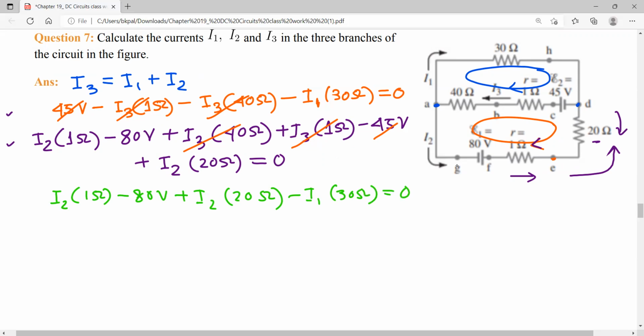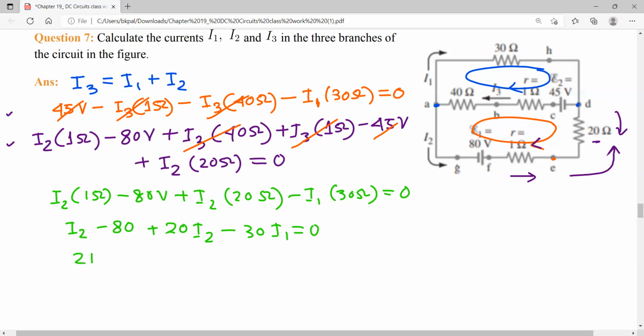So what we have here, if I write just the numbers, not the symbols, is I2 minus 80 plus 20 I2 minus 30 I1, that is equal to 0, right?